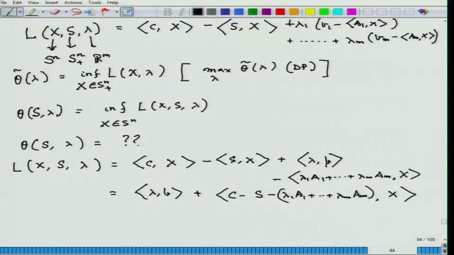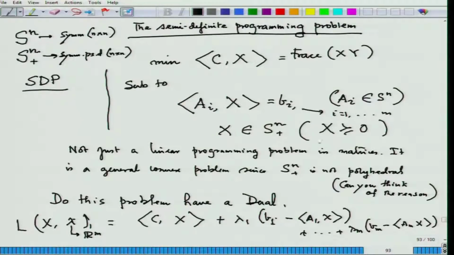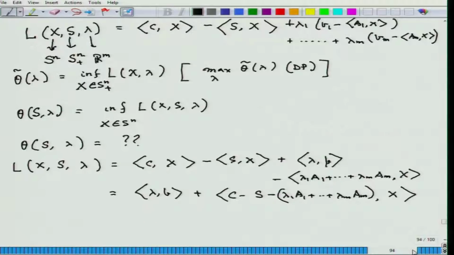See, this symbol is called the Loewner ordering. This simply means that x is positive semi-definite. Obviously you do not have to bother too much about the name.